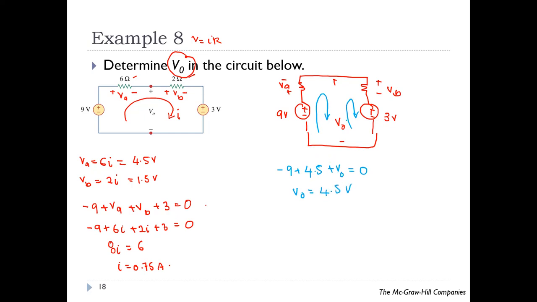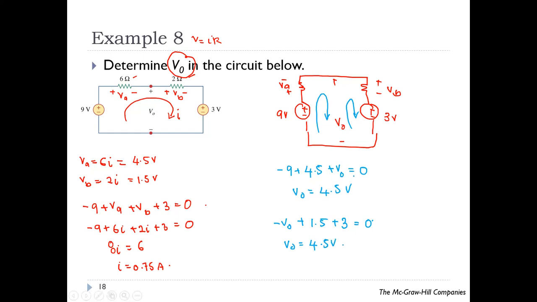Okay, that's the case when you consider this part of the network. If you consider this part of the network, you are going to get the same answer. So let's verify. Minus V0 plus VB, which is 1.5, plus 3 equals to 0. So V0 is equals to 4.5 volt.